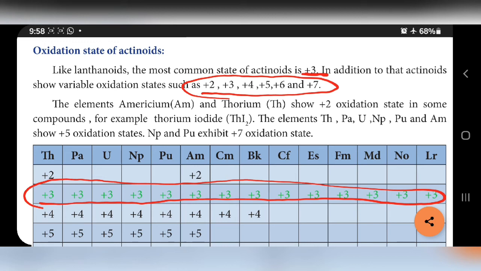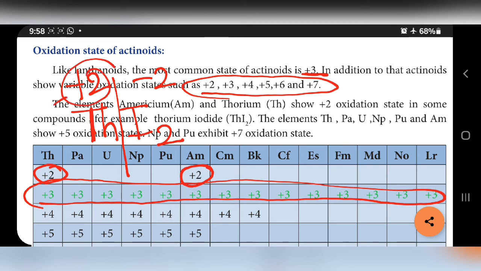The elements americium and thorium show the +2 oxidation state in some compounds. For example, in thorium iodide the iodide charge is -2 each, so in this compound the thorium oxidation number is +2.